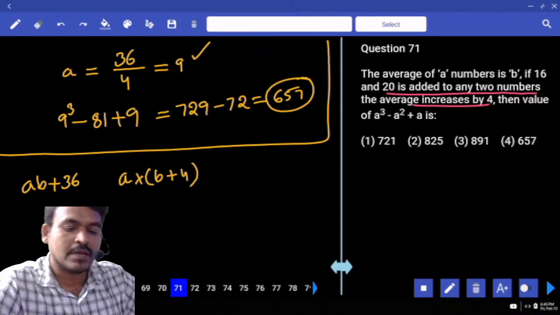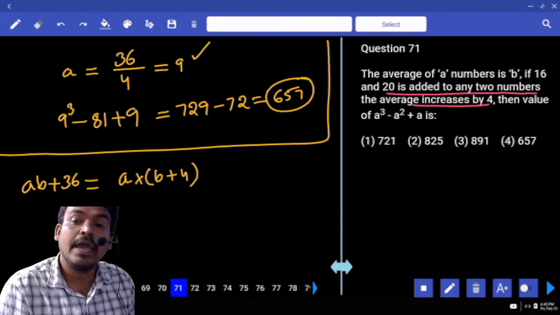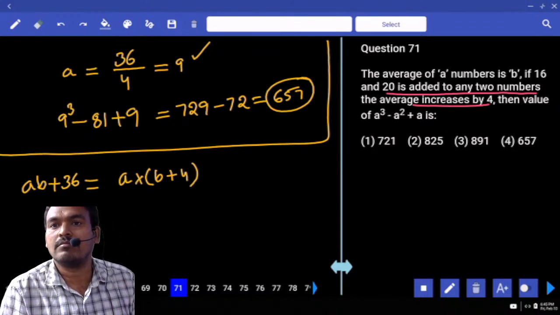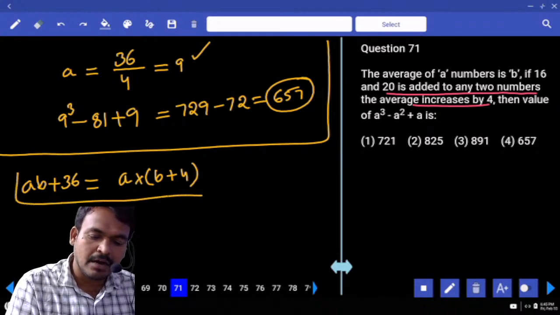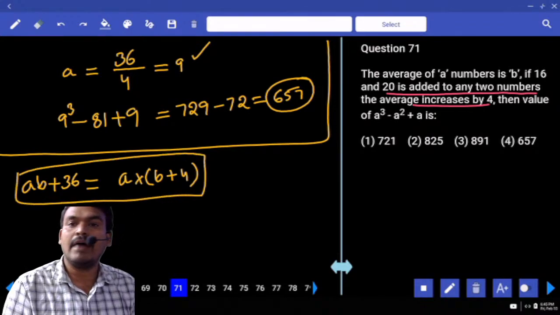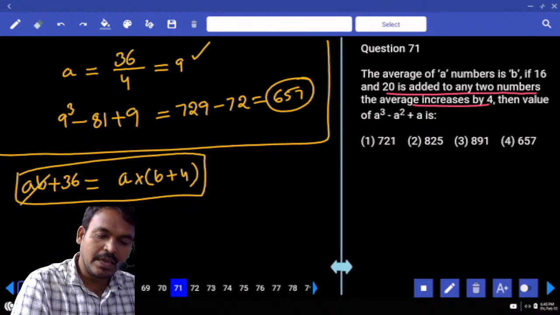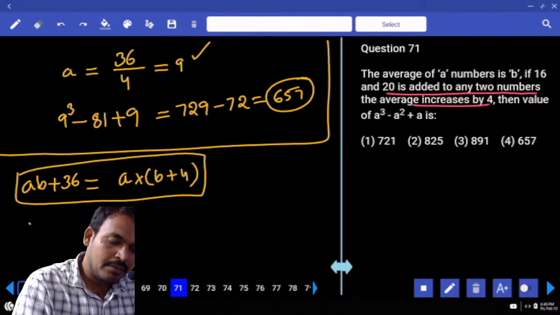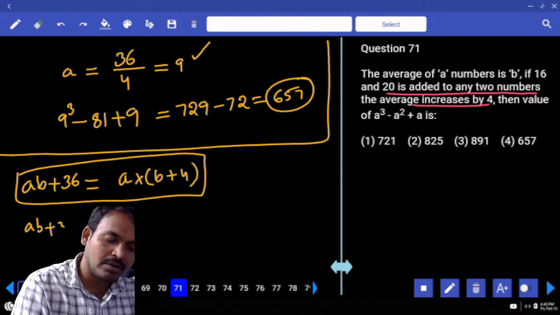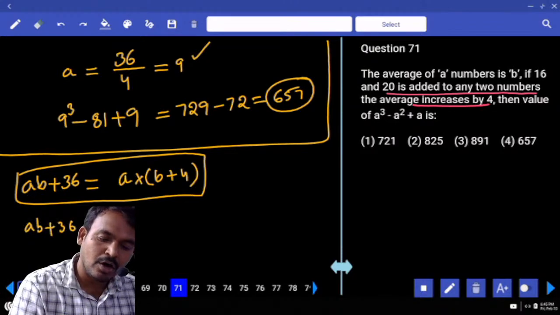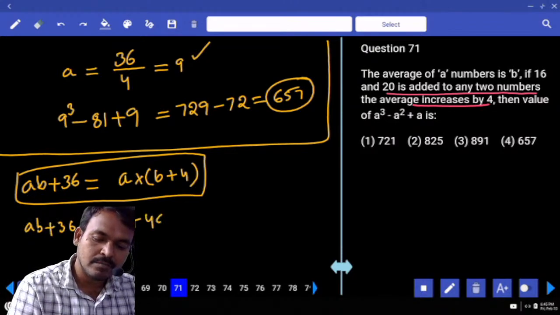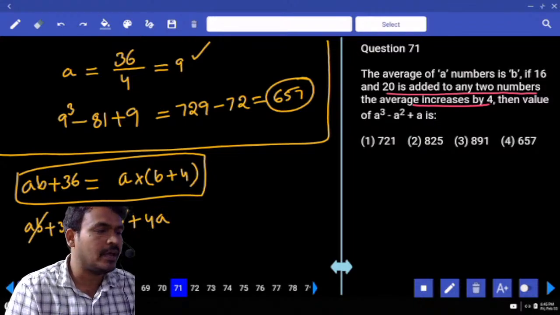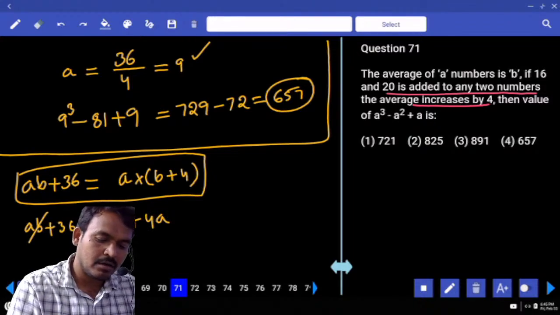The same new sum is equal to which one? A into B plus 4. Solving this, we get the A value. Both sides AB cancel. AB plus 36 is equal to AB plus how much? 4A. AB cancels, 4A equals 36, then the A value is 9.